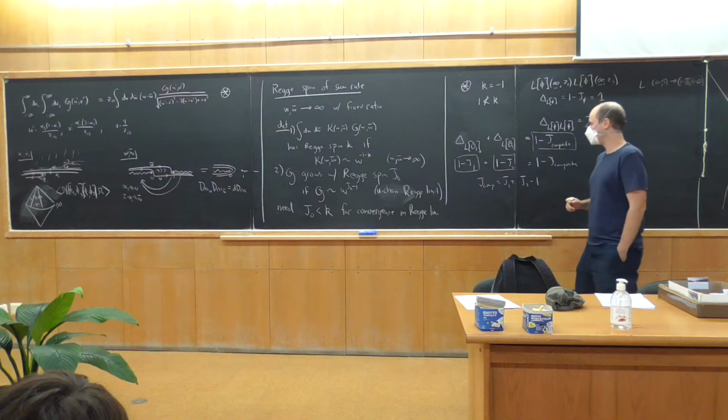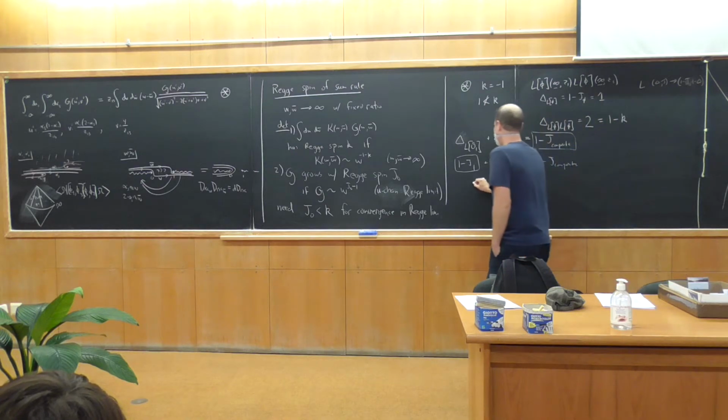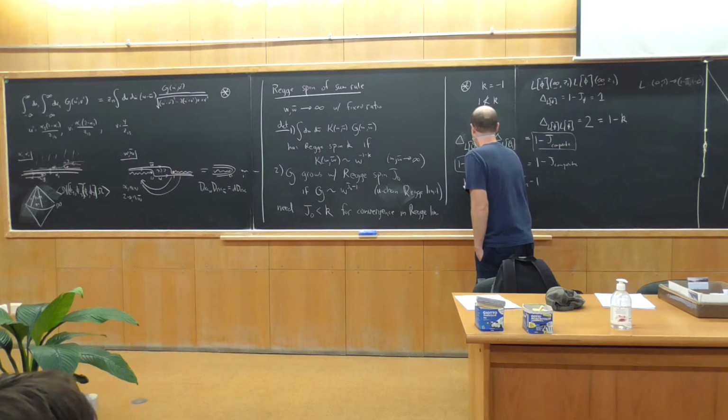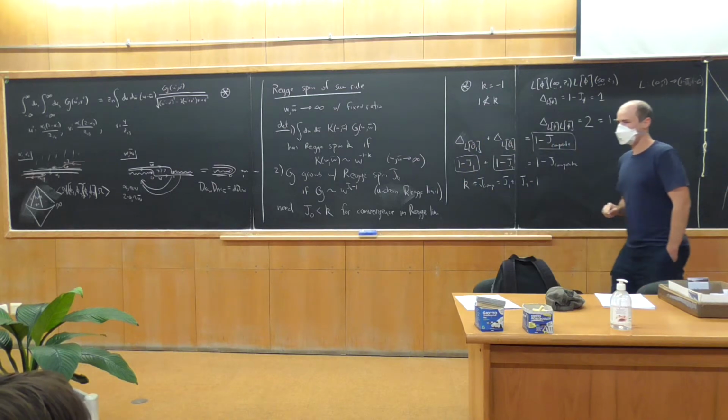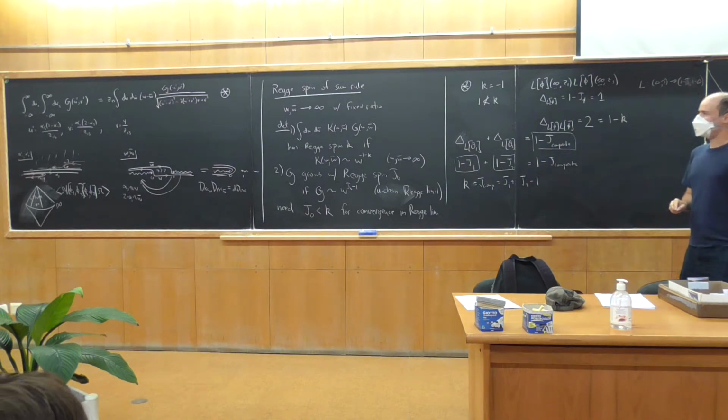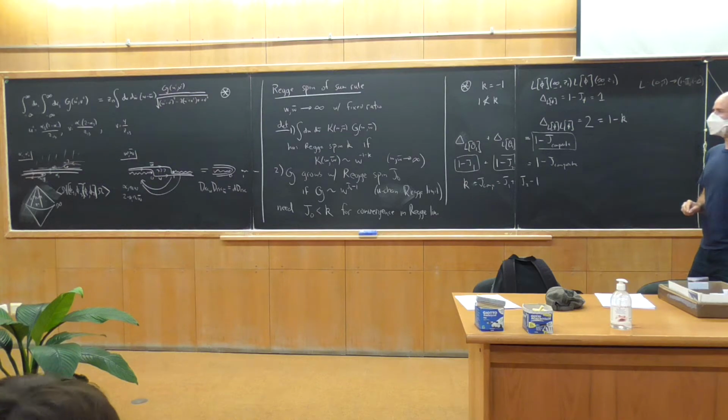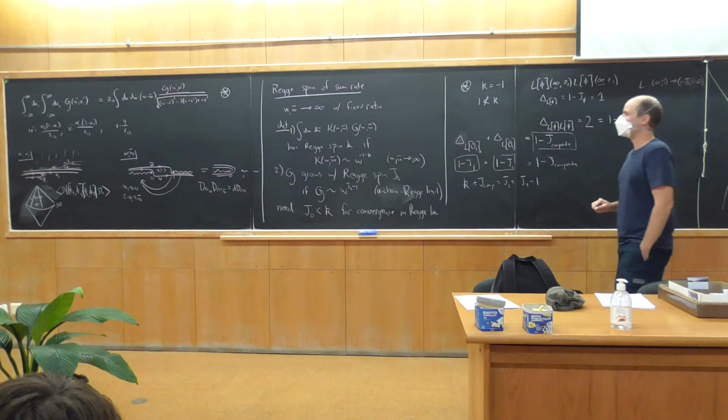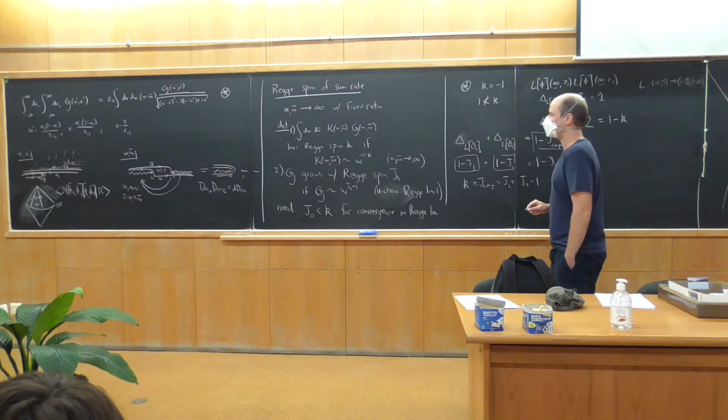Sorry, that j composite is j naught or k? This is k. Because, why? k was some behavior, some kernel, why is it related to anything?